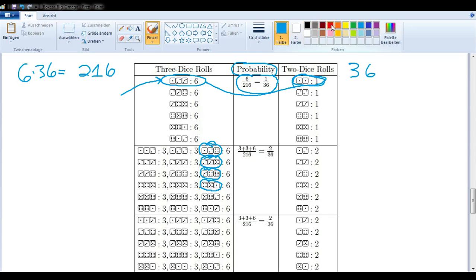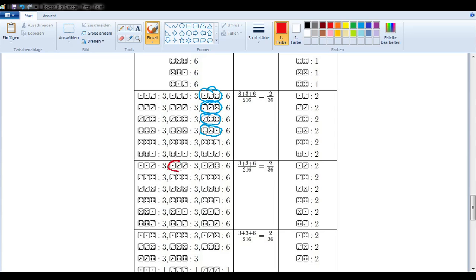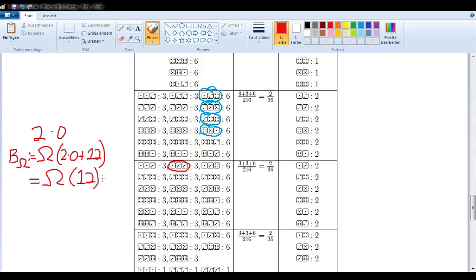So let's just do a couple of examples, just random examples. Let's say we have 1, 3, 3 here. Okay, so the neighbor distances are 2 and 0, and we want to compute boxcar tau, which is just tau of 2 times 0 plus boxcars, so plus 12, which is big omega of 12, which, since 12 has 3 prime factors, right, 2 times 2 times 3, is 3.